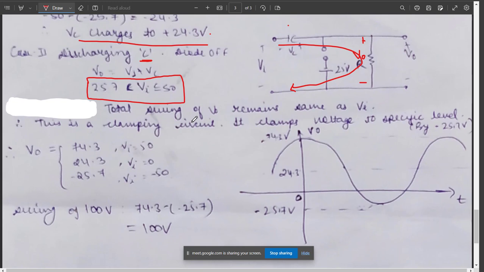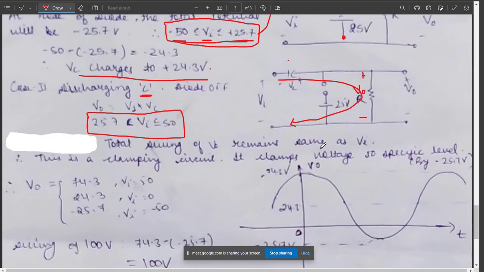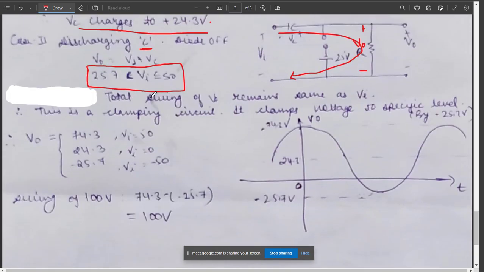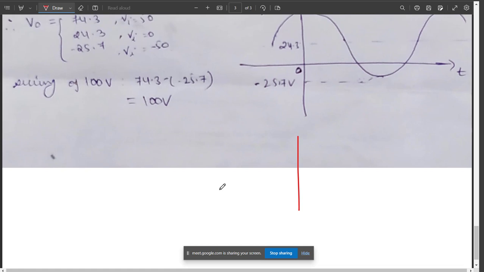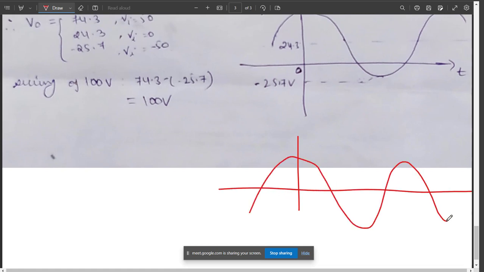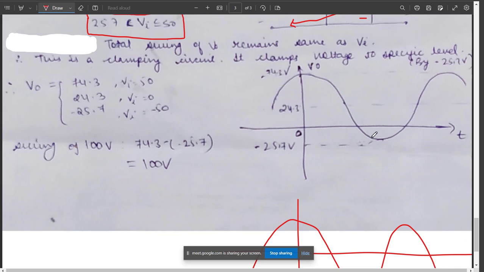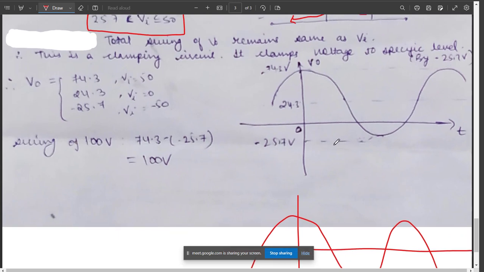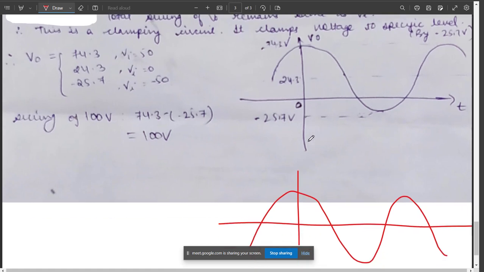So here our VO will have the same shape. This is our VI, and VO is the same, just shifted now. It is shifted by 24.3 volts, right?